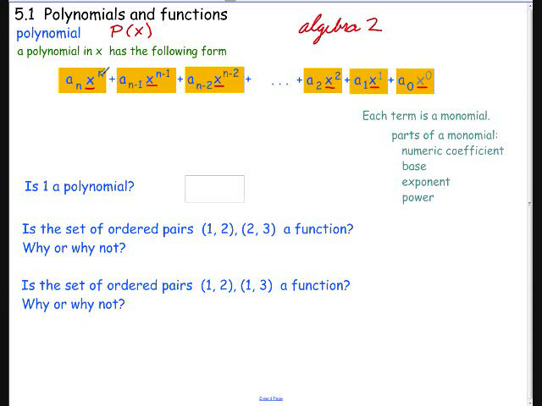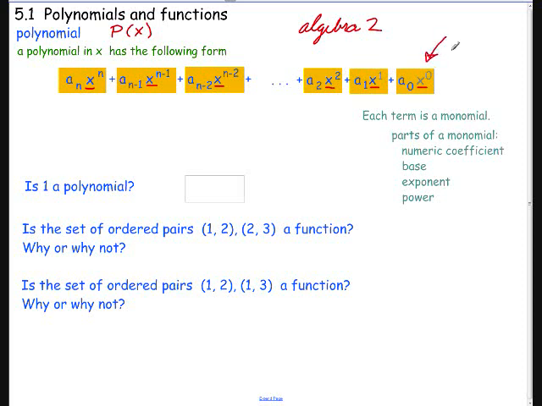It could be 100, it could be 1,000,000, it could be 2. Whatever it is, the very next term has x to 1 less. So if this were 100, this would be x to the 99, this would be x to the 98, and so forth until we got down to x to the second, x to the first, and x to the 0.